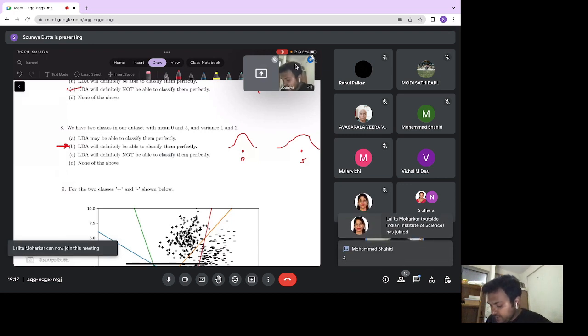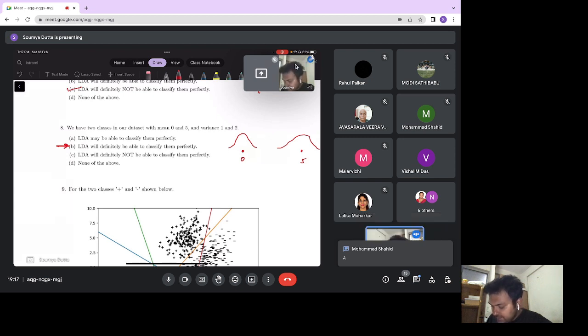But these are all statistical things. It is not like variance 1 and 2 means data points will only come from this particular area that I have drawn. They might come from much farther away.